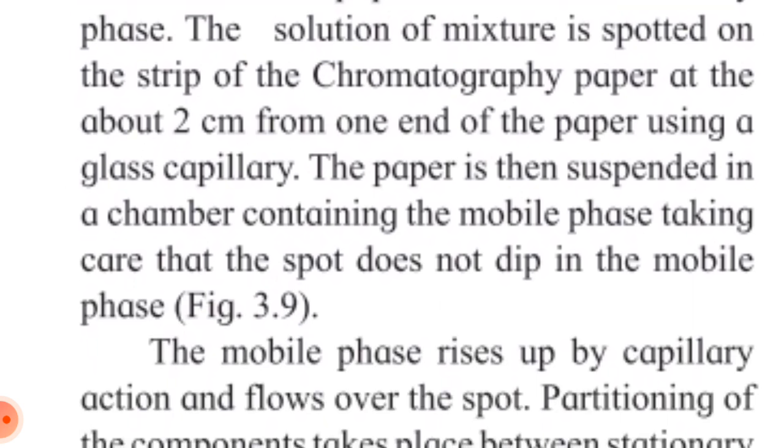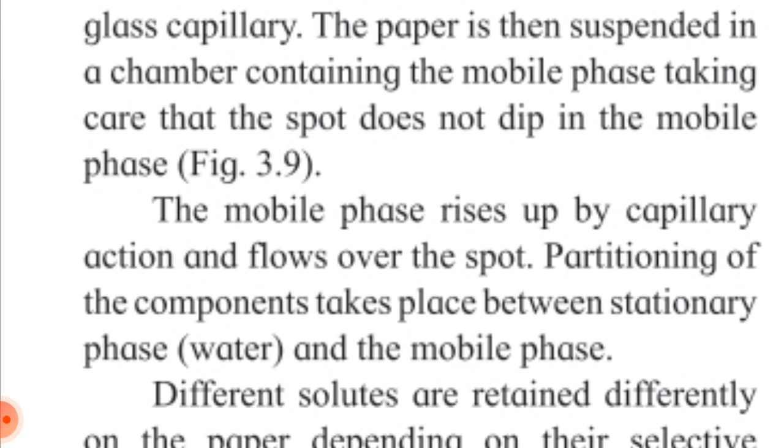The solution of the mixture is spotted on a strip of chromatography paper at about 2 cm from one end of the paper using a glass capillary. The paper is then suspended in a chamber containing the mobile phase, taking care that the spot does not dip in the mobile phase.